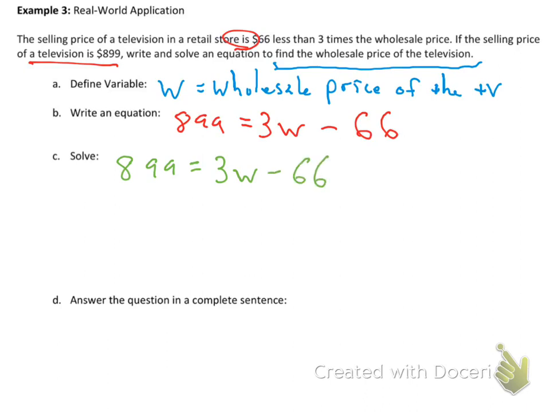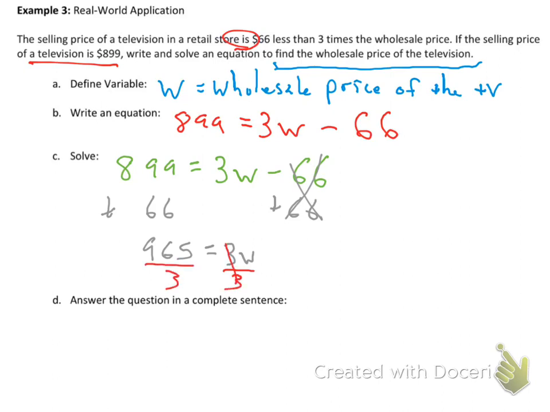So let's solve this now. The first thing I need to do to both sides, add 66. So that goes away. On the right-hand side, 3W is going to be by itself. And on the left-hand side, we're going to get 965. Then the last thing I got to do to both sides is divide by 3.